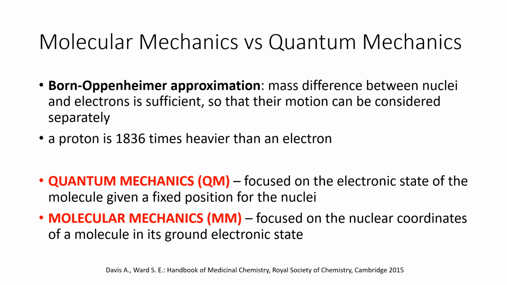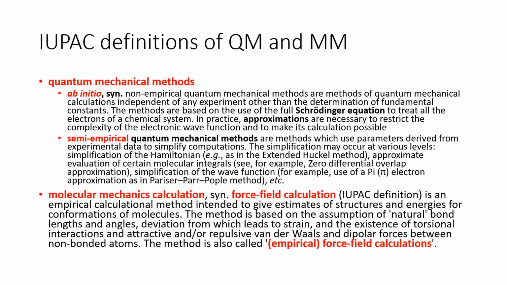Whereas molecular mechanics calculations are much simpler, they are focused on the nuclear coordinates of a molecule at its ground state. So the atoms are considered as whole spheres, and the calculations are much simpler.